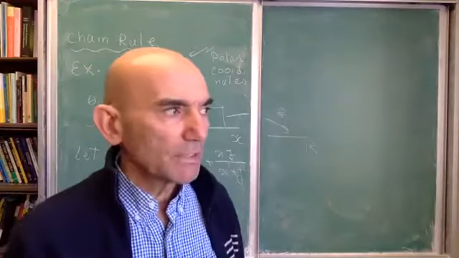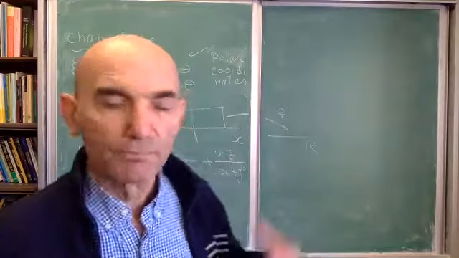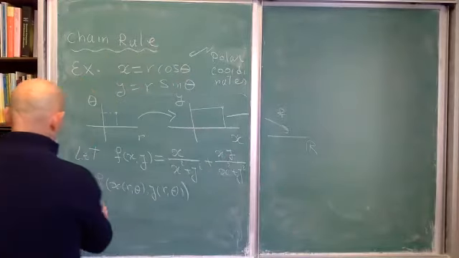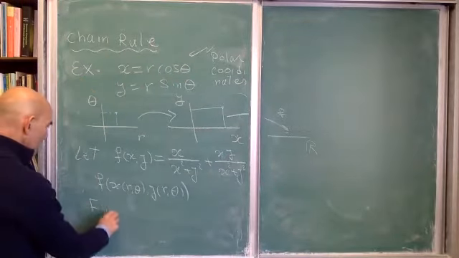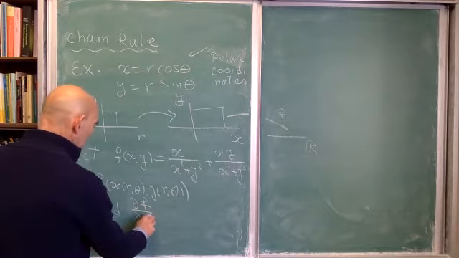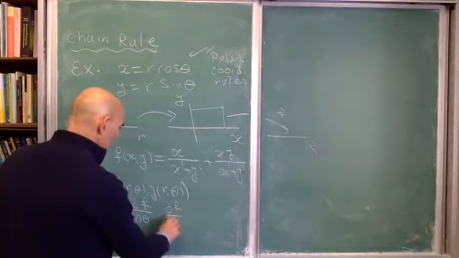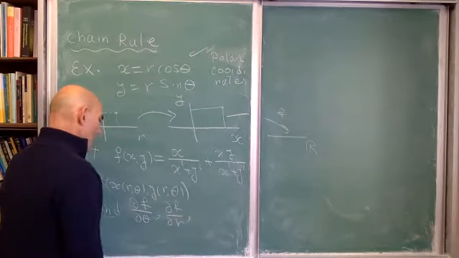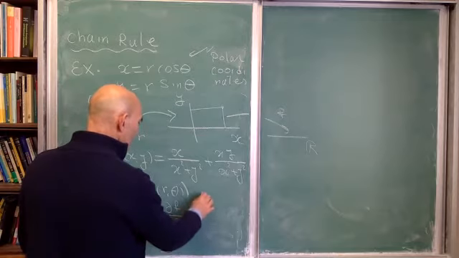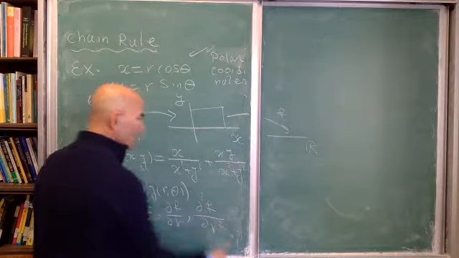The question is, we want to find the derivative of this new function with respect to theta. Find df d theta, df dr, and also maybe d2f dr2, the second partial also.